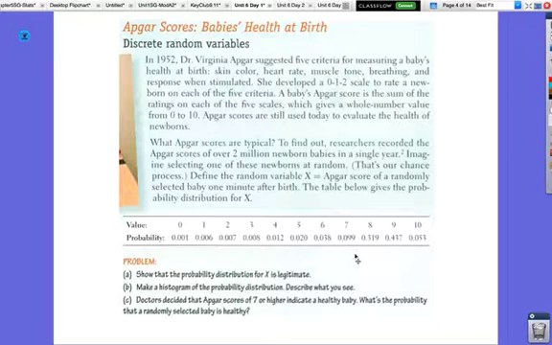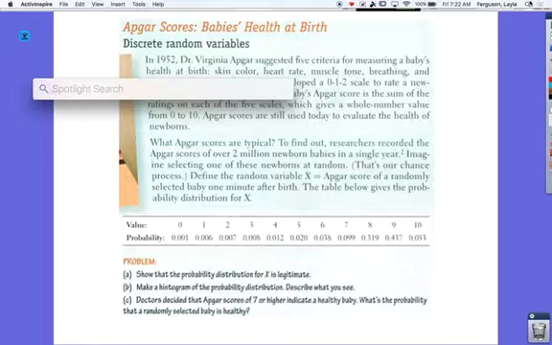Part A says, show that the probability distribution for x is legitimate. In order to show that, there are a couple of criteria it has to meet. The first one is that every single one of the probabilities is between 0 and 1, and that's true. And the other is that they have to all add up to 1.